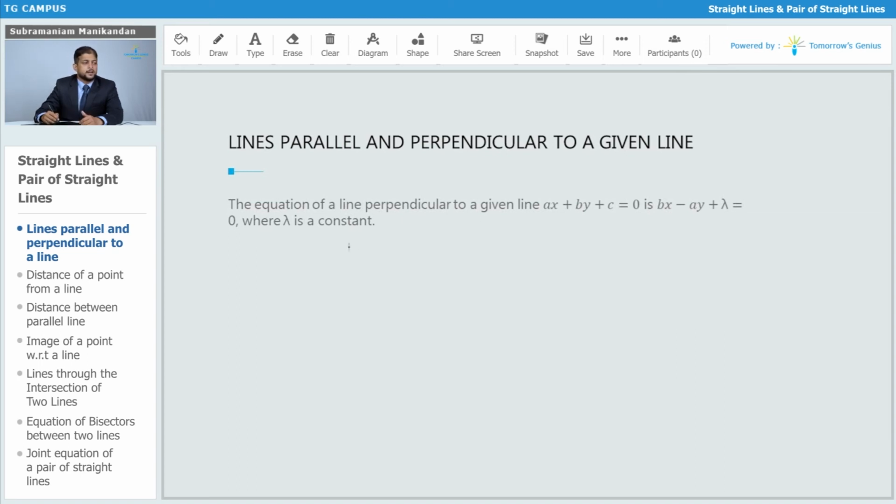Here, if we write the first equation in the slope-intercept form, we again get y equals minus a by b x minus c by b, and the second equation is y equals b by a x plus lambda by a.